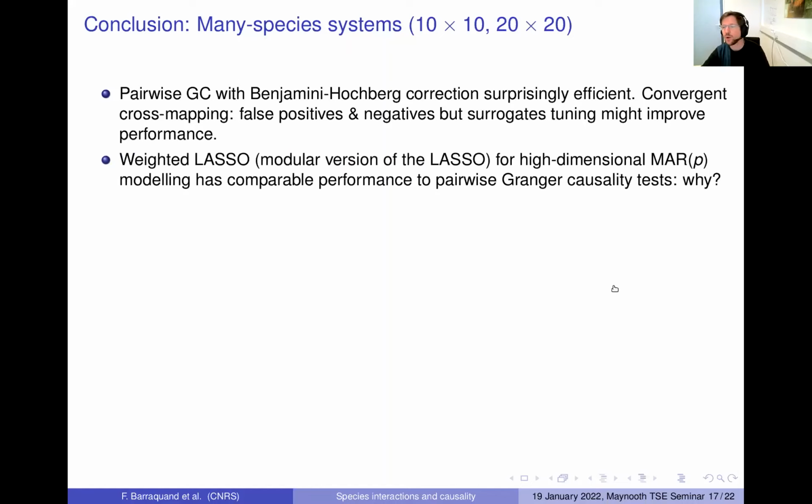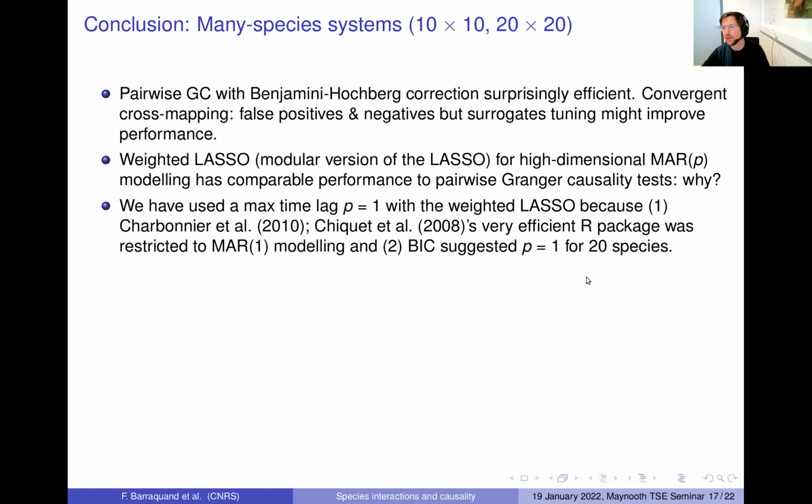It's a little bit surprising why the LASSO technique that we used wasn't better. As I said, there's probably a little bit of sensitivity to parametric assumptions. But also one possible source of issue is that we use a maximum time lag of p equals 1.